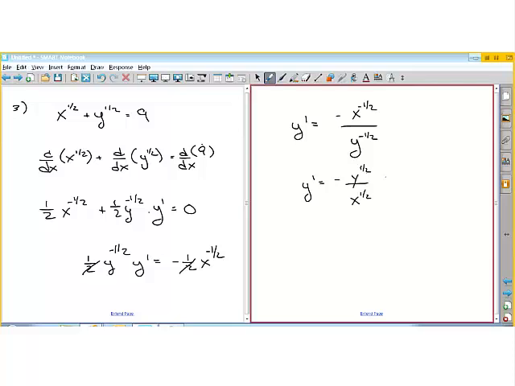And y to the 1/2 is the square root of y, and x to the 1/2 is the square root of x, which, because they're both square roots, you can write as the square root of y over x. So the derivative, or the slope of the tangent line, is negative the square root of y over x.